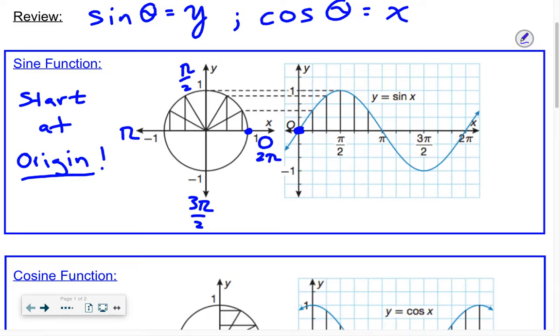So we start at 0, and now I'm going to go counterclockwise like we do with the unit circle, and I'm going to start working my way up to pi over 2. Now notice the scale that we have over here is in our radian measures, pi over 2, pi, 3 pi over 2, and 2 pi. So we go from 0 to pi over 2. Notice what's happening to my y value. Getting bigger or smaller?